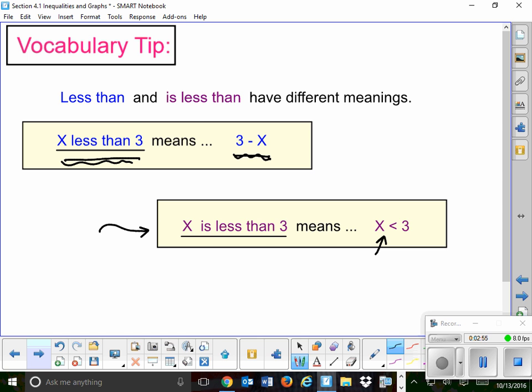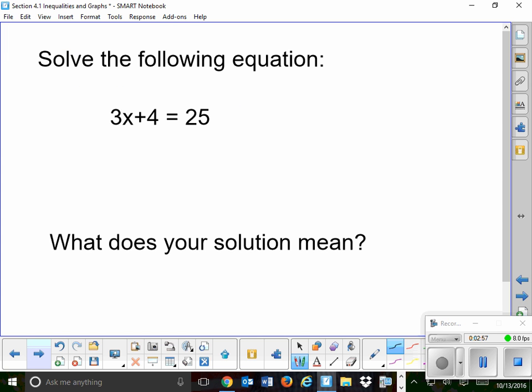Hopefully you will see the difference in the vocabulary as we go through. On here you can pause the video and solve this equation, and then come right back on. If you solve this, you should have subtracted 4 from each side and had 3x equals 21, and then divide by 3 to get x equals 7.